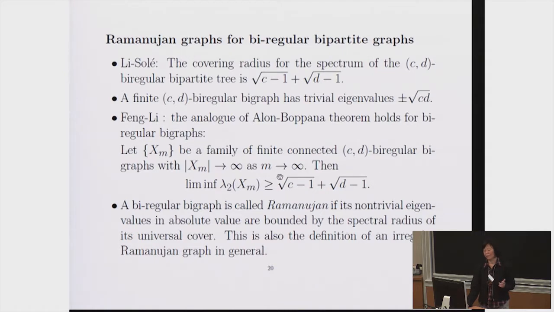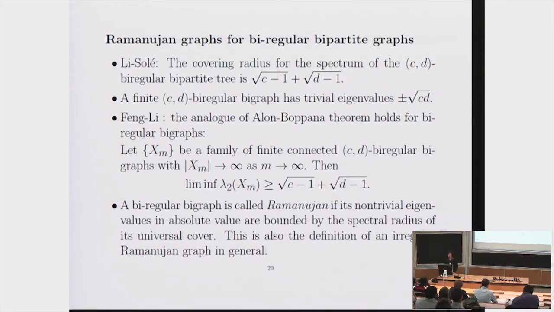Because the bipartite graph is symmetric on the other side, we also have that the lim sup of the smallest non-trivial eigenvalue is less than or equal to the negative of this quantity. Therefore, one calls a biregular bigraph Ramanujan if its non-trivial eigenvalues have absolute value bounded by the covering radius of the universal cover, namely root(C minus 1) plus root(D minus 1).